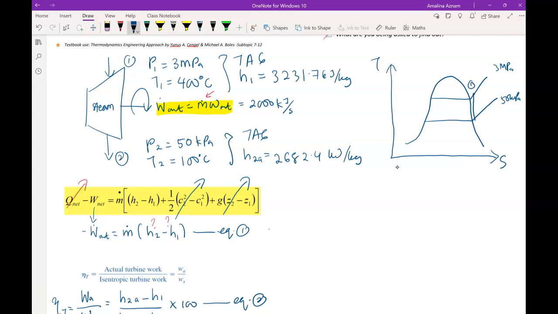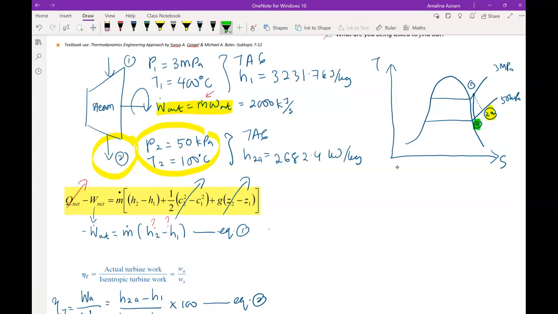From state 1 to 2, this is your 2 actual, and this is your 2 isentropic. The one that was given to you at the outlet is the actual value. So how are you going to find your 2S?